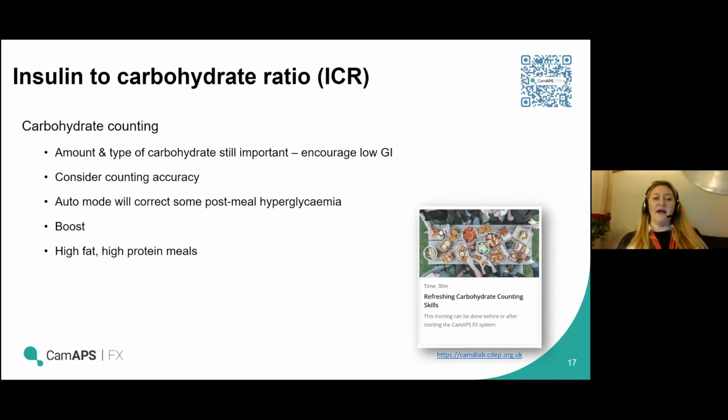So if previously on normal insulin pump therapy you had done a split bolus or dual wave bolus, with a certain percentage up front and then the rest delivered equally over a period of time after, you might look to employ a method whereby you only put in a similar percentage as the starting point at the beginning of a high fat, high protein meal, and either let the system deal with the residual carbohydrate as it comes through more slowly, or utilize boost as well to get on top of it better after the bolus. So just remembering that as well.